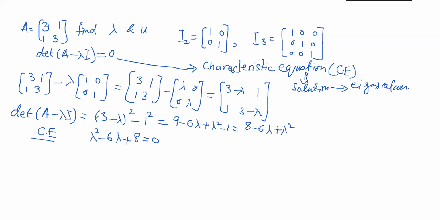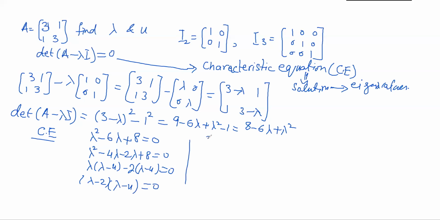Now this is a quadratic equation, so we can solve it by any method you feel comfortable with. It can be easily factorized: lambda squared minus 4 lambda minus 2 lambda plus 8. So it will be lambda into (lambda minus 4) minus 2 into (lambda minus 4). So it will be (lambda minus 2) into (lambda minus 4) is equal to 0.